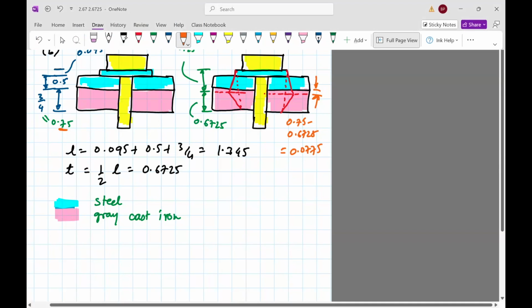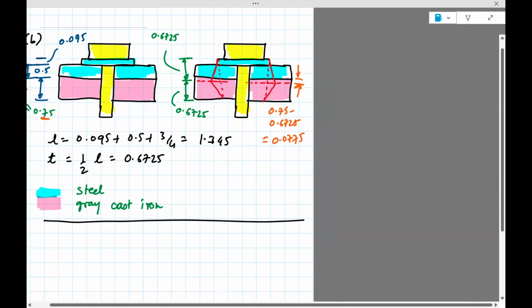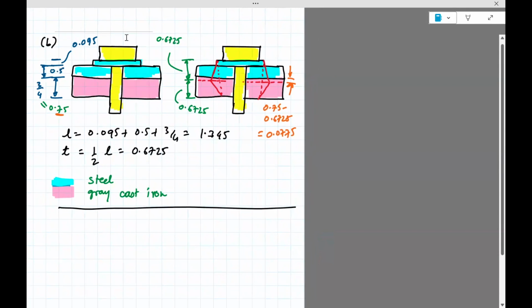Okay, so the point of doing all this exercise is that for analysis, we need to not take two stiffnesses, but there are three stiffnesses involved. The first stiffness is of the steel washer and the top plate.